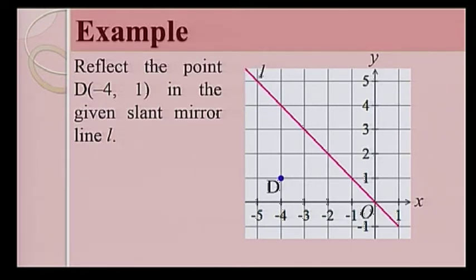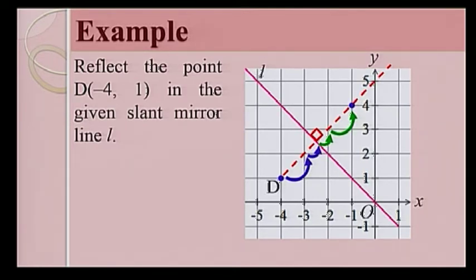How to proceed? Well, you will draw a line from D that will meet the mirror line at right angle. We've done that before, right? And then we count the diagonals. So that's 1.5. We do it the same, 1.5.